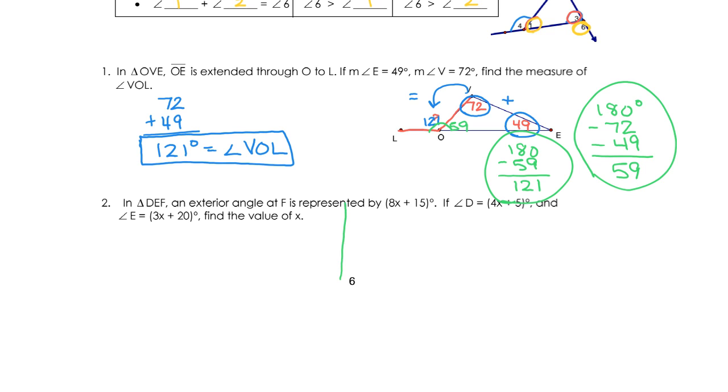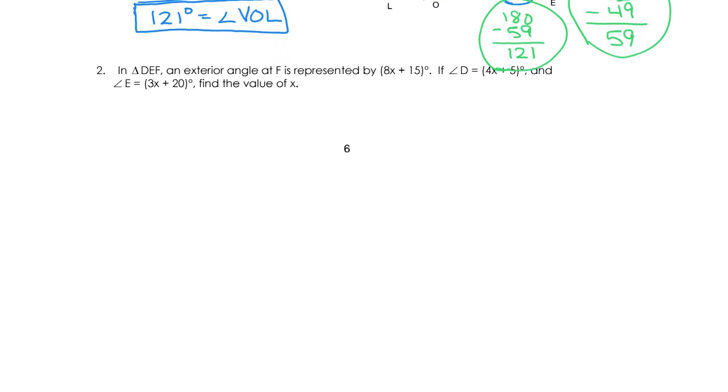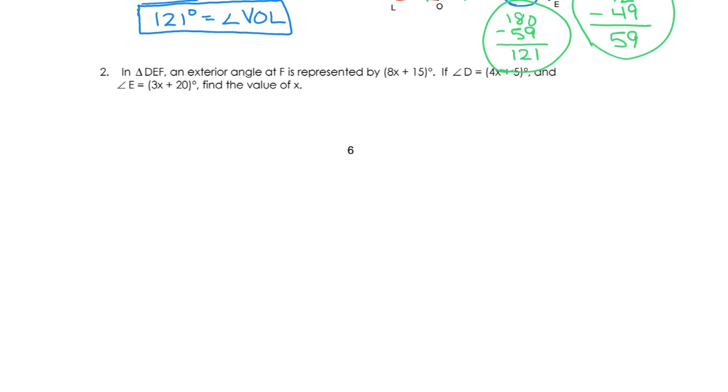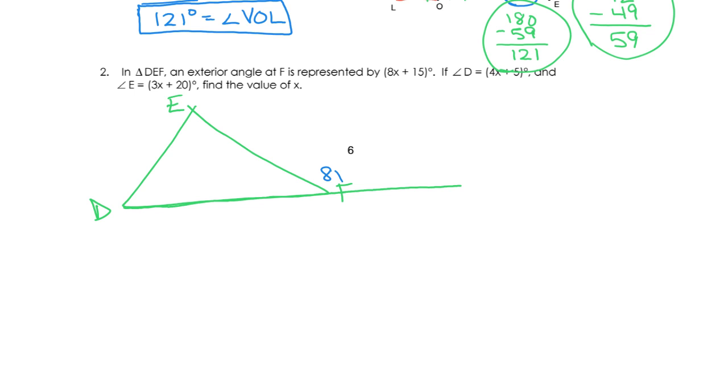All right, let's take a look at number 2. Number 2 says in triangle DEF, an exterior angle at F. So in order to get an exterior angle at F, we take this bottom side and extend it right through F. And it says that that exterior angle is 8x plus 15.